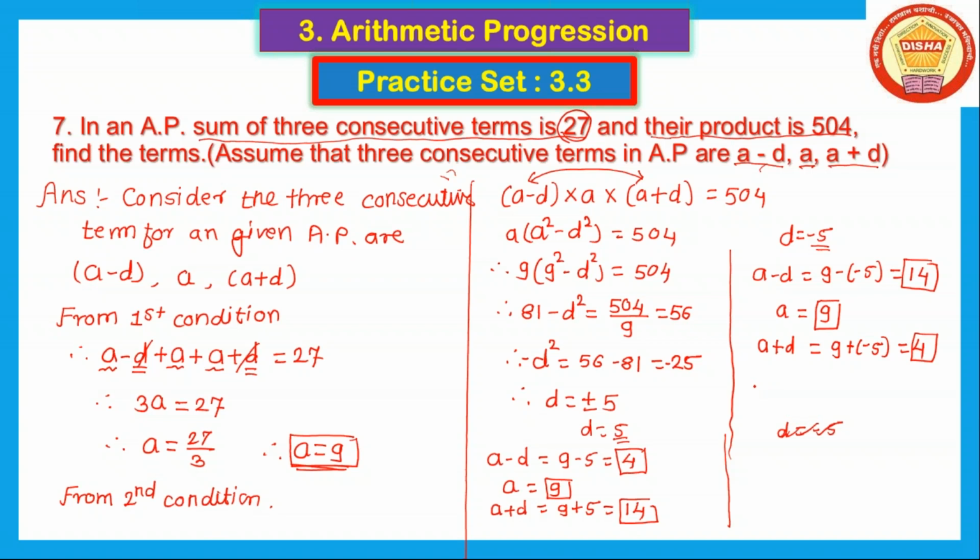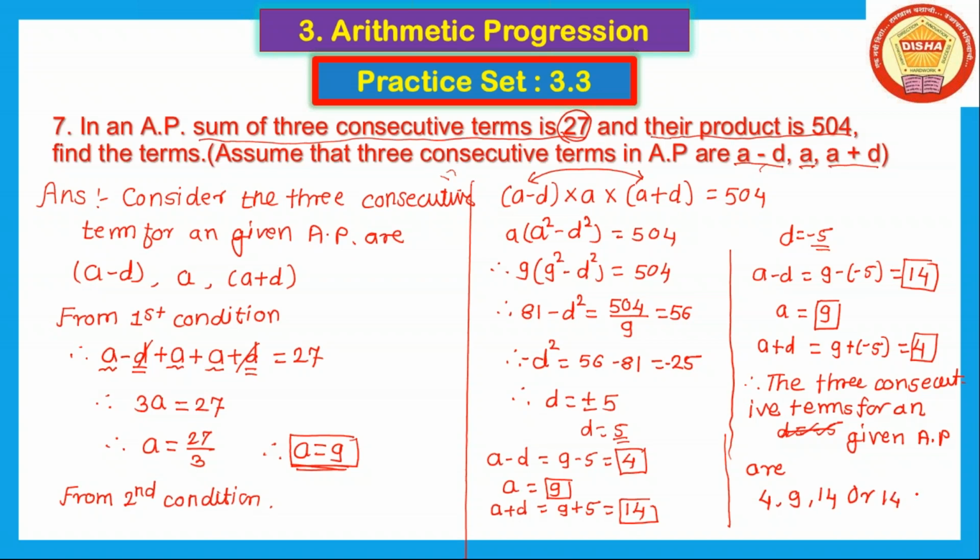So below that we write, the three consecutive terms for the given AP are, what are these? 4, 9, 14 or 14, 9, 4.